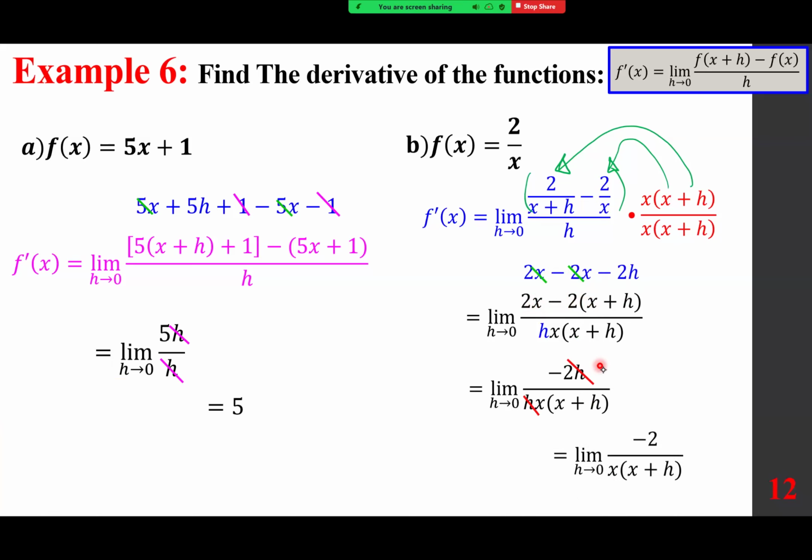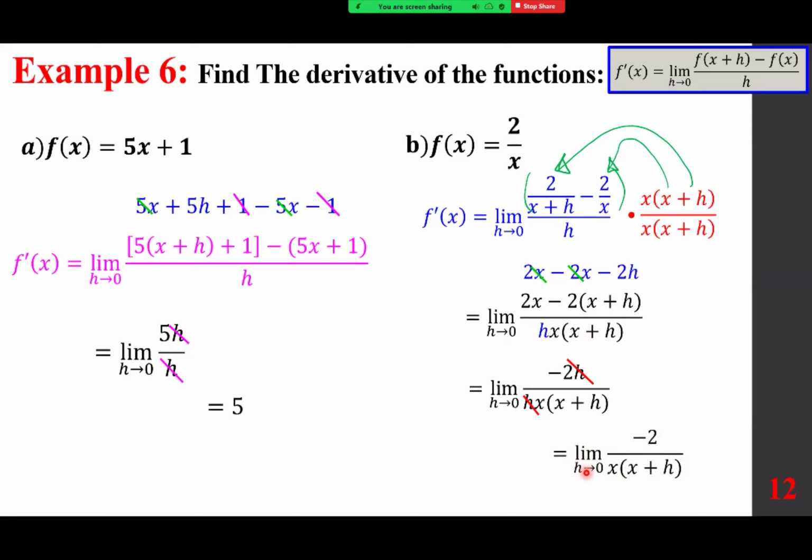Now, here's what I want you to pay attention to. If you didn't have a limit here and you were just simplifying, it's fine. But over here, you must have the limit. It's extremely important to have it, because if you don't have a limit, there is nothing you can do to this expression. It is minus 2 over x times x plus h.